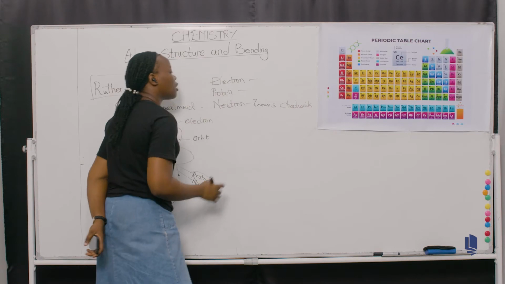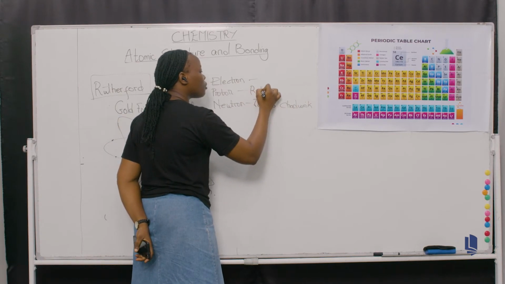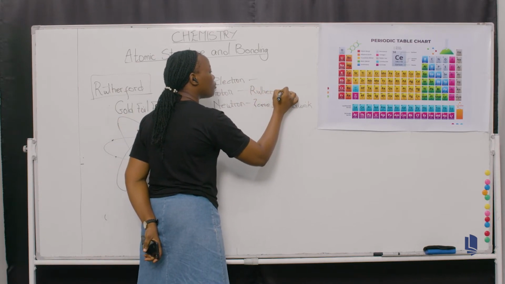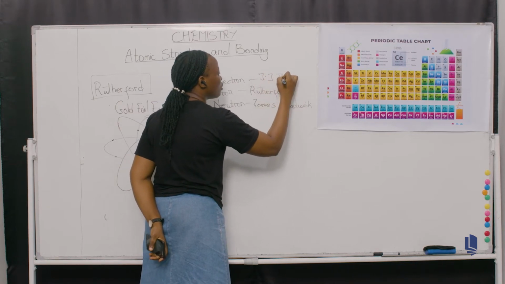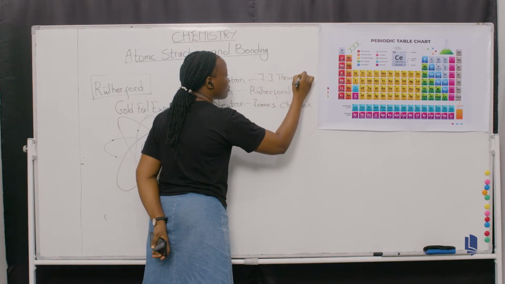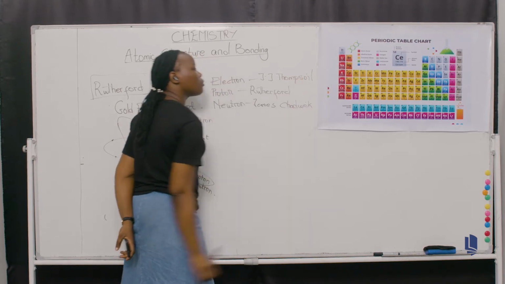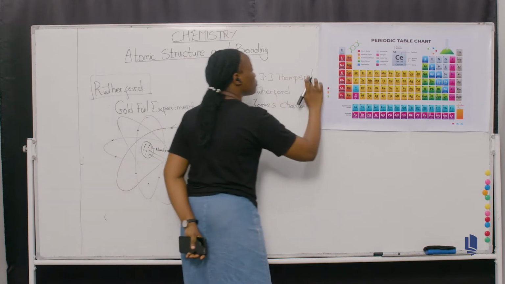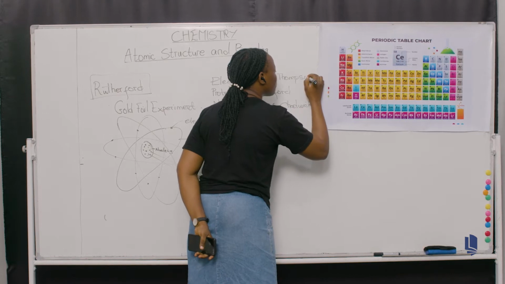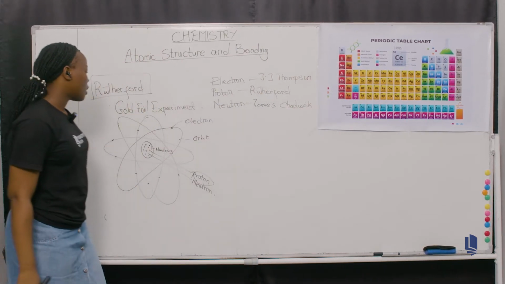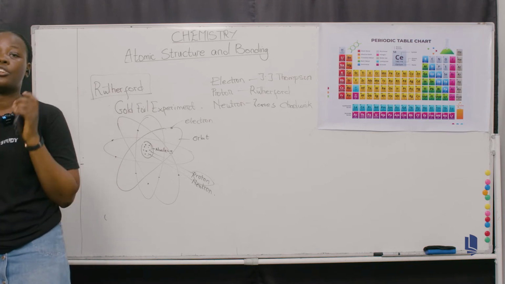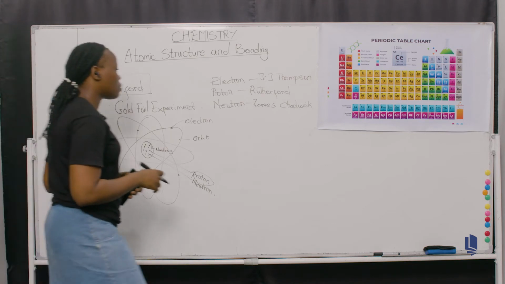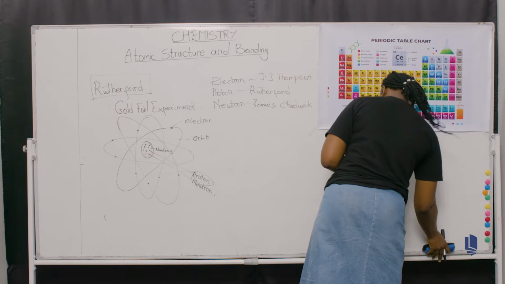So this is James Chadwick, this is Rutherford, and this is J.J. Thomson. And so the last scientist we are talking about now is Niels Bohr.